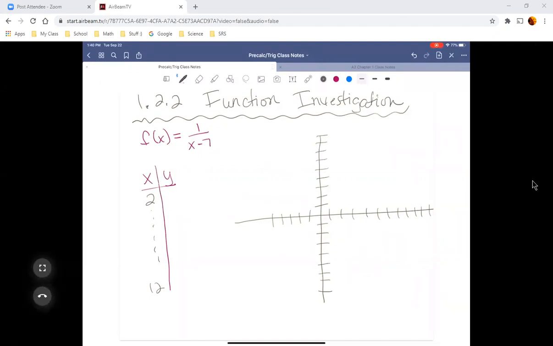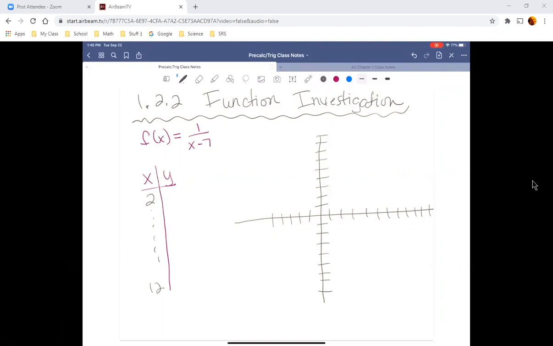We're going to go 5 numbers less and 5 numbers more. You're going to start at 2 and you're going to end at 12. First number is 2. Next number would be 3.